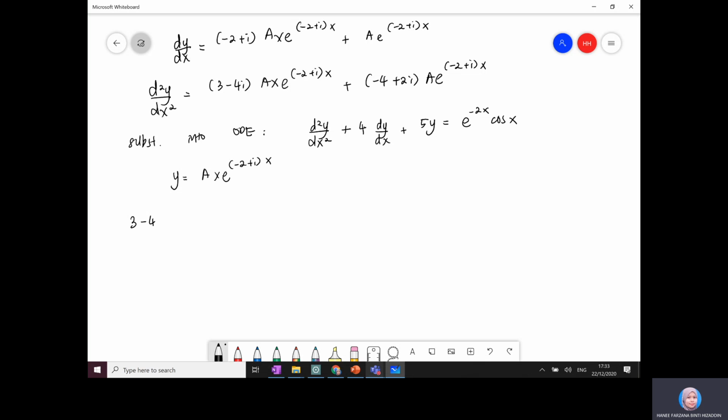So we put (3 - 4i) A x e^((-2+i)x), plus (-4 + 2i) A e^((-2+i)x), and plus 4 times dy/dx, which is this whole thing up there.